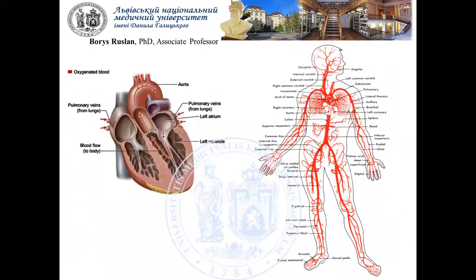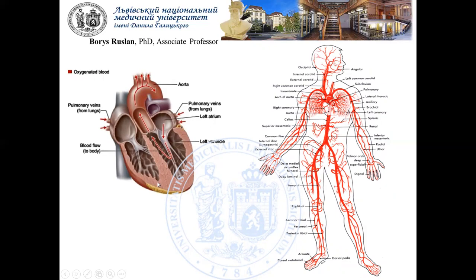In this place, you can see the great main arteries of the upper limbs, of the lower limbs, and of the head and neck.